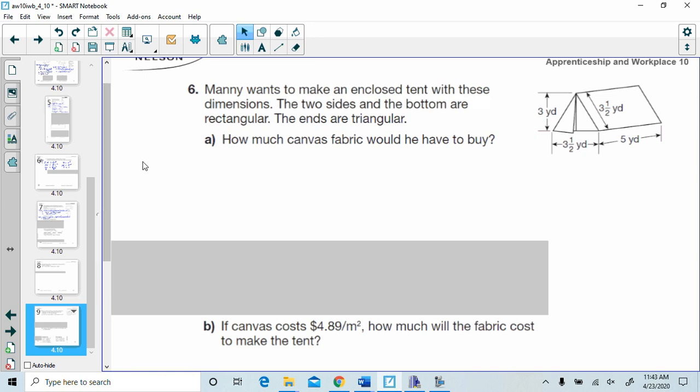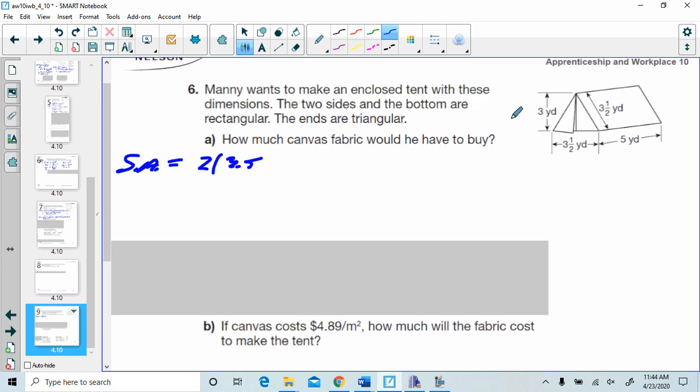Okay, so let's do that. So we'll go surface area equals the triangles. It's going to be 2 times base times height divided by 2. In this case, base is 3.5, height is 3 for the triangle.